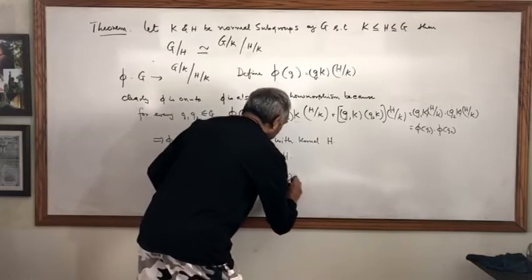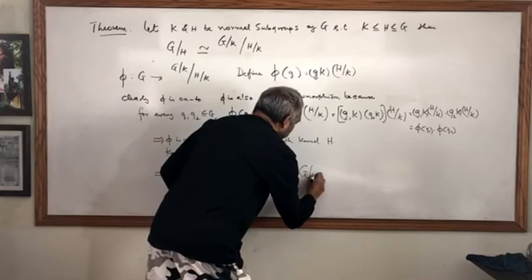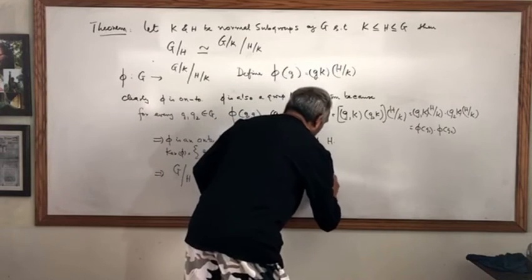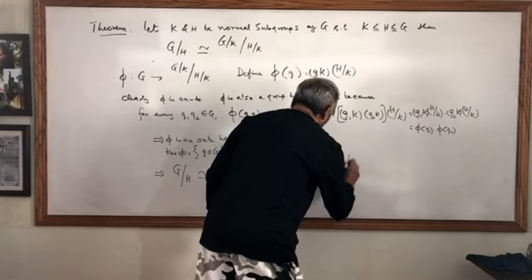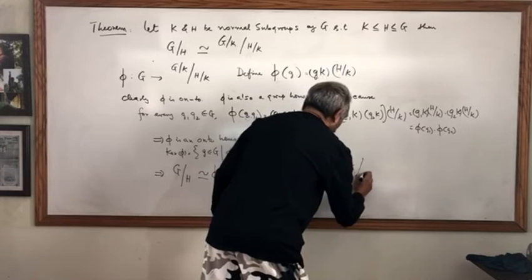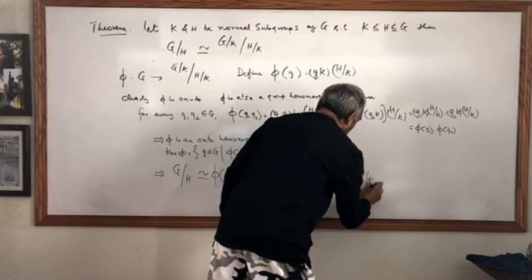And that implies G over H is isomorphic to G over K over H over K.